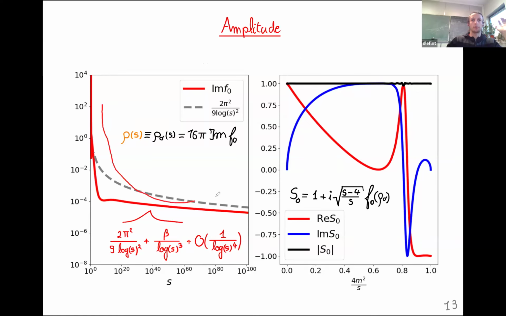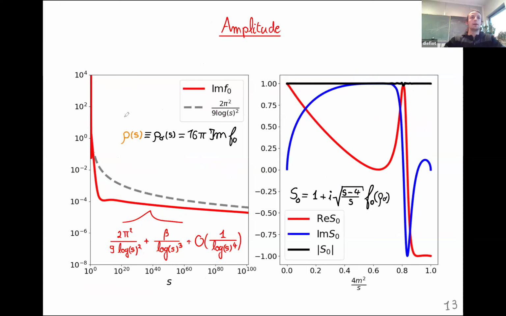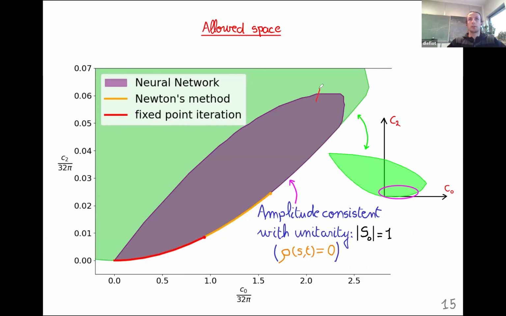So the amplitude was starting to grow at infinity. So it has very little impact on the value of the loss. So just looking at the value of the loss, you could not really see if you are inside or outside the allowed region. But if you look at the Regge behavior, which is a consequence of unitarity, then we were able to detect the boundary there. So if you didn't put this logarithmic piece in your neural network, you would be screwed.